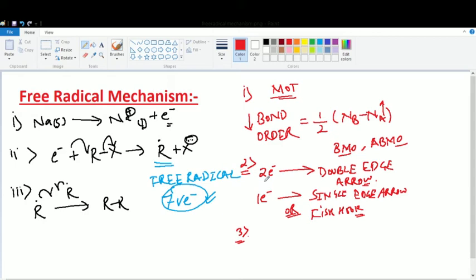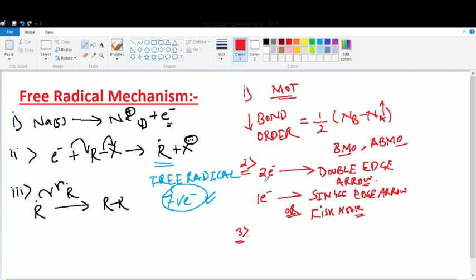Now the second period element has 8 valence electrons, and the free radical has 7, so it wants one electron to complete its octet as 8.